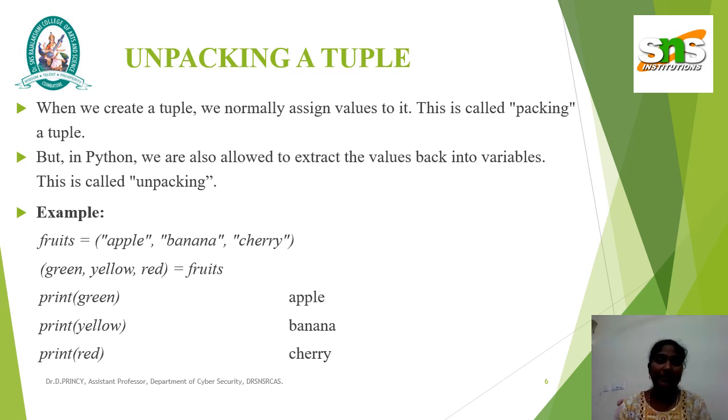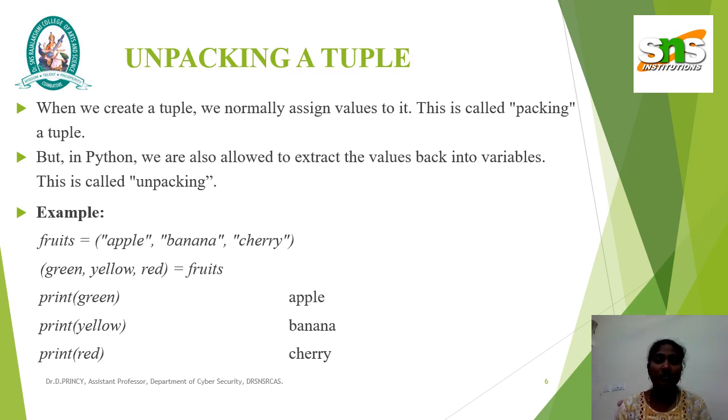Fruits equal to apple, banana, cherry. So fruits is a tuple because it is enclosed with parentheses. Now I'm assigning the items of the tuple into the variables green, yellow, red. These three variables will hold the values of the tuple fruits.